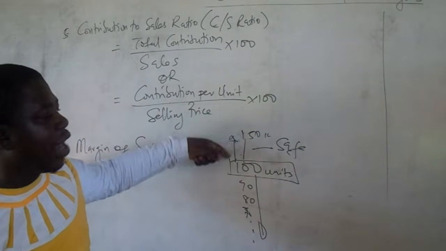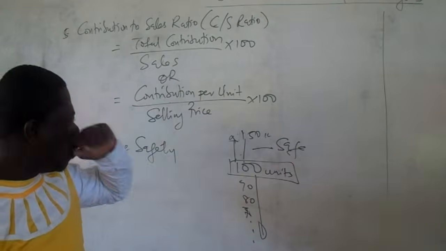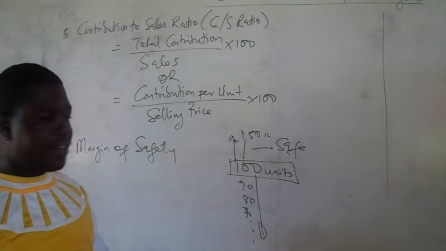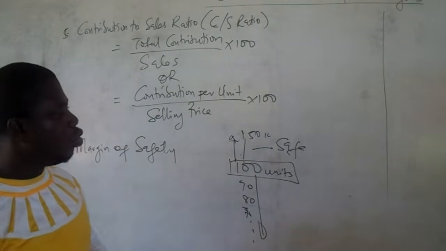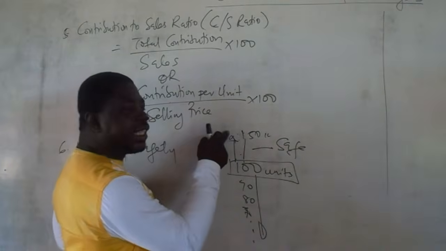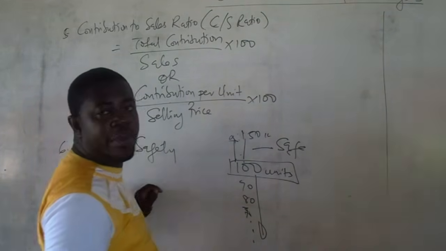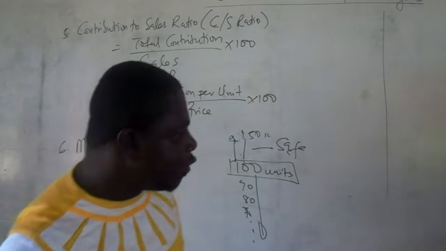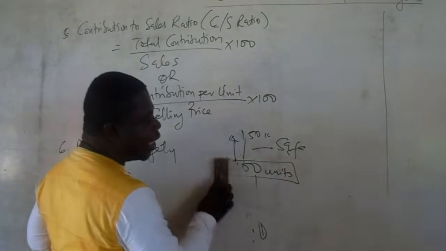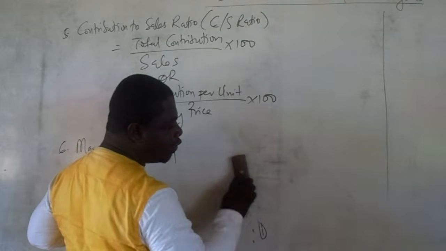Why? Because over there is a profit area. And so margin of safety has to do with the range between your budgeted units and your break-even point in units. Anything below the break-even point in units, you are not safe, and so that is not inside your margin of safety.